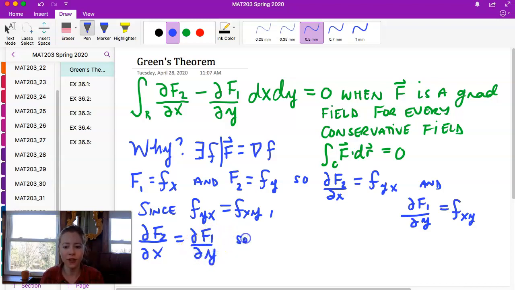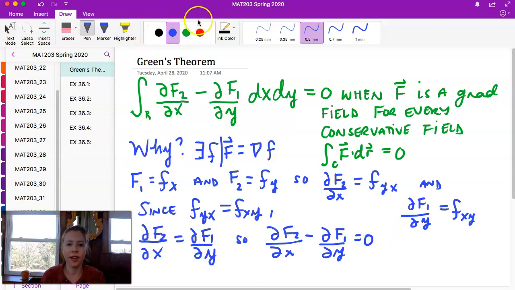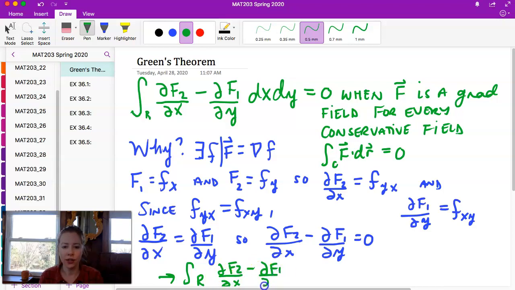So of course, del f2 over del x minus del f1 over del y would be 0. That gives us that the integral over the region of del f2 over del x minus del f1 over del y dx dy is equal to the integral of 0 dx dy, which is 0.